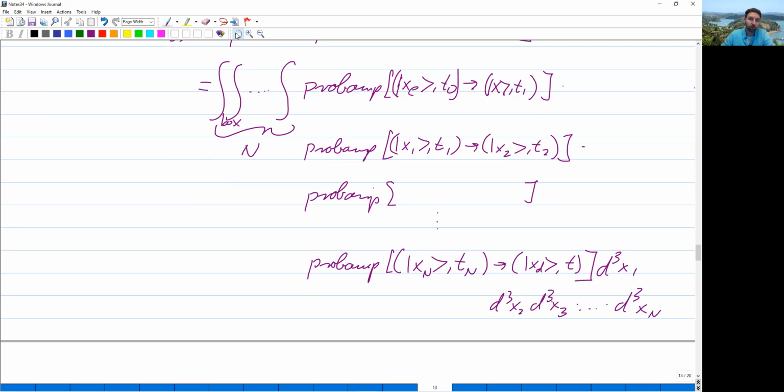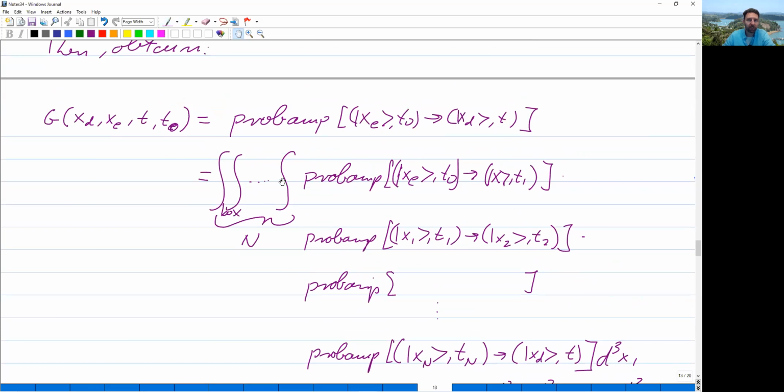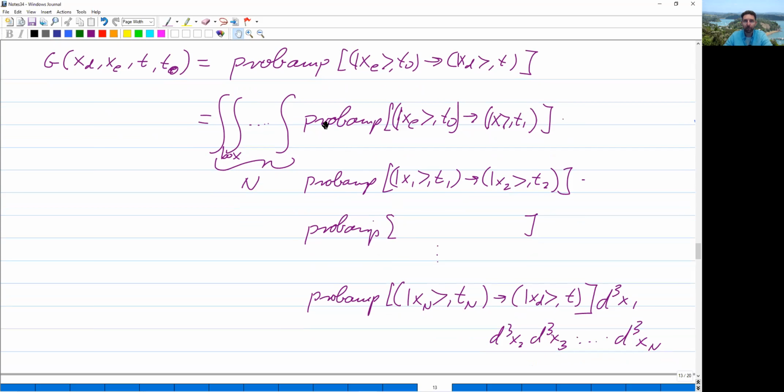Well, why would we want to do this? This is a really lengthy formula. And the larger we choose n, the more terms we have in this huge product, right? We multiply this probability amplitude with that probability amplitude, with that probability amplitude. It's just a huge product of conditionals, right?